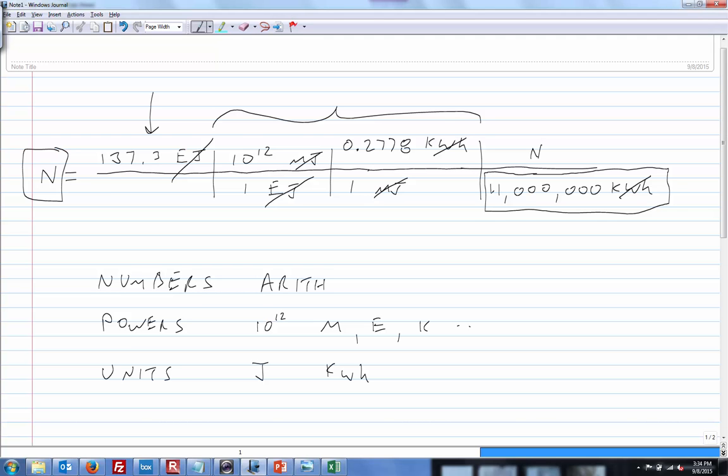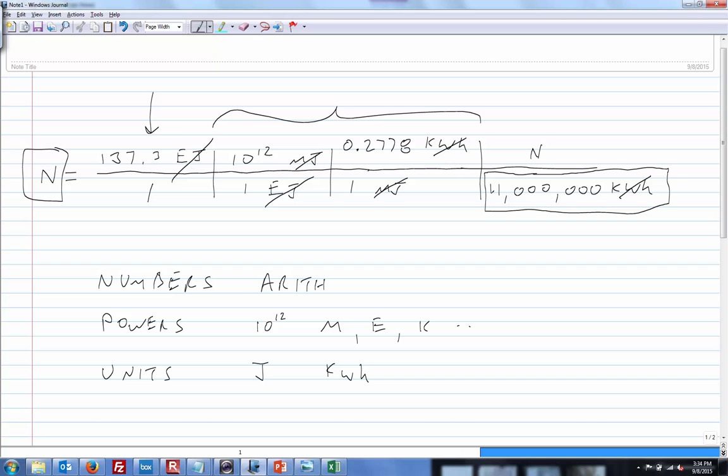I took the 137.3, stuck it right in the numerator, and I just left nothing beneath it. I guess if I were going to be a little more complete, I would just put the number 1 beneath it, just to be complete. And then I went into the textbook, and I think in the back of the book, I know it's the case for your 101 text, but if we go into the 102 text, yeah, thanks.